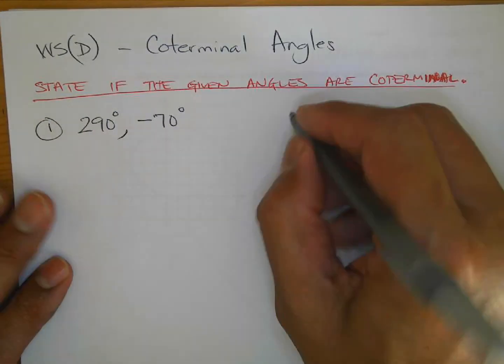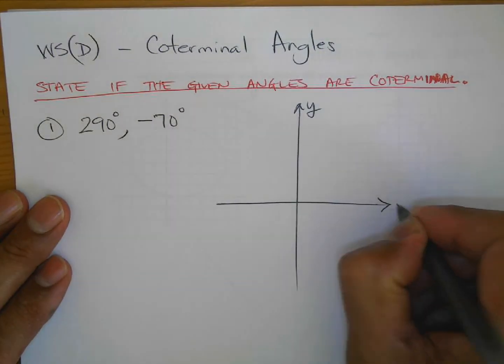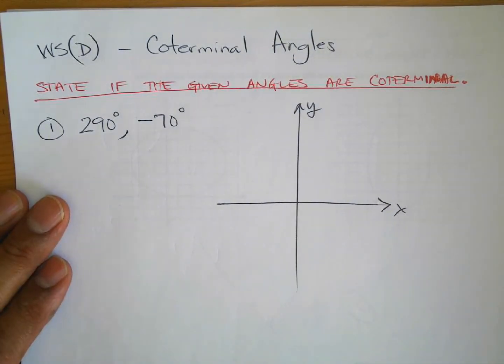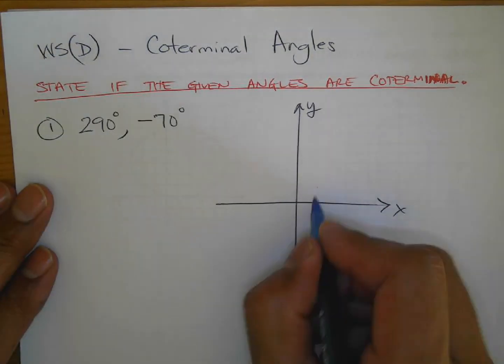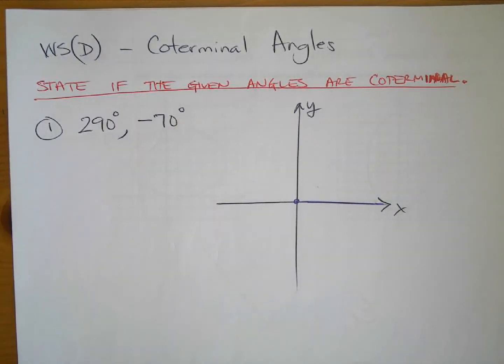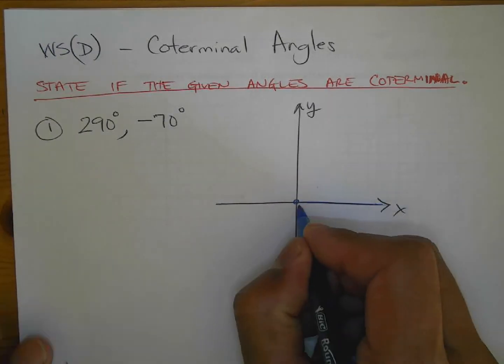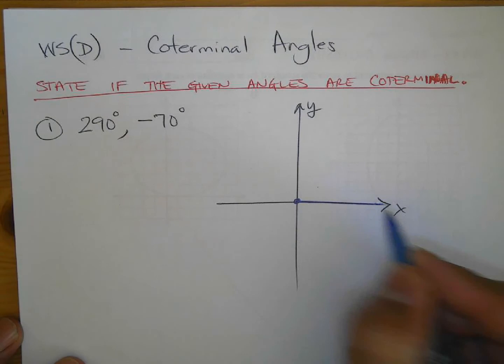Well, you're going to draw them out. Here's the XY axis. Let's draw the positive 290 degrees here. Okay, so drawing 290 degrees starting from here.